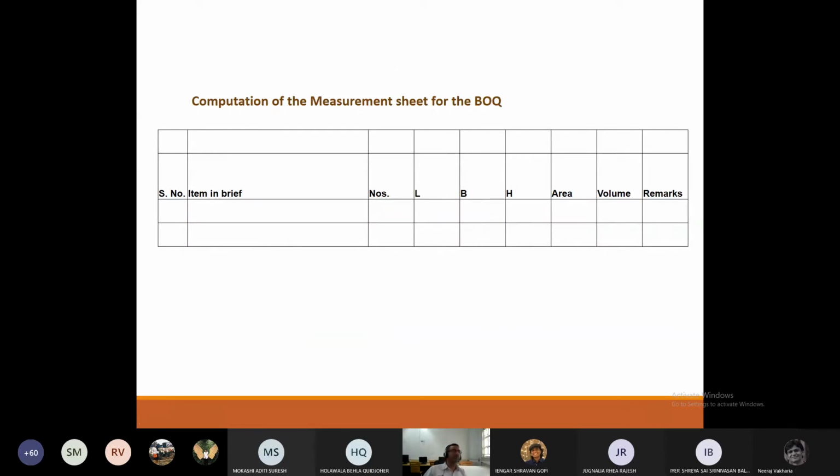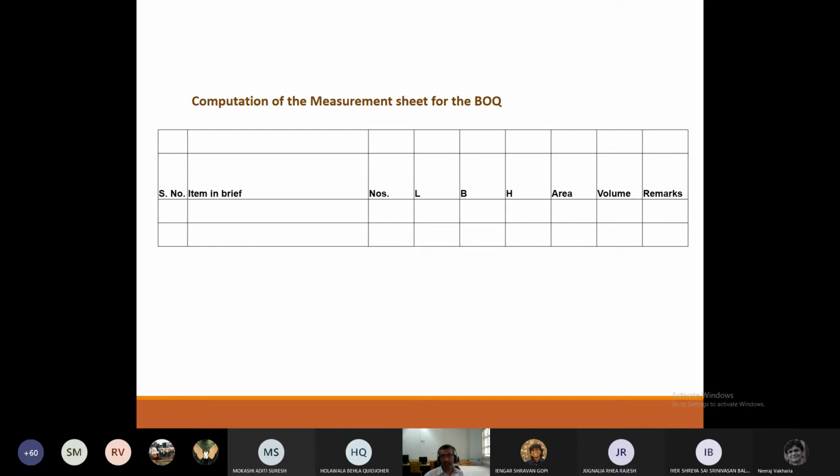Now this measurement sheet is very important and I'll tell you why. The measurement sheet can be your only way to safeguard from what Shravan was asking. If I have computed it right, and if I have written things rightly in the tender document, how is it that the cost of the project can yet go high?